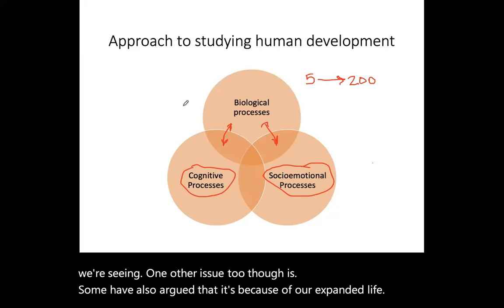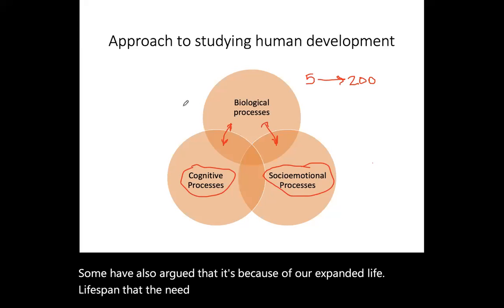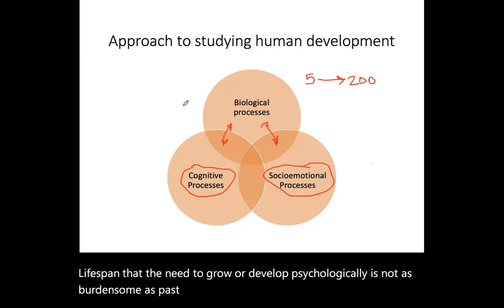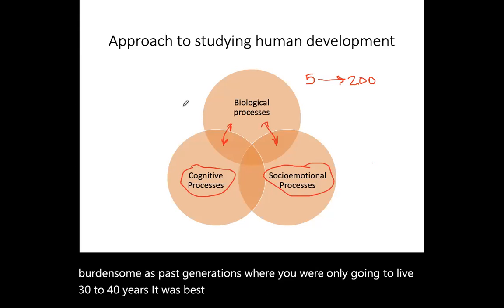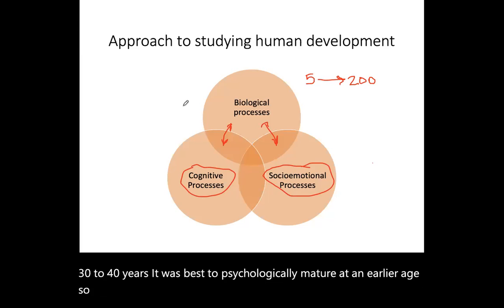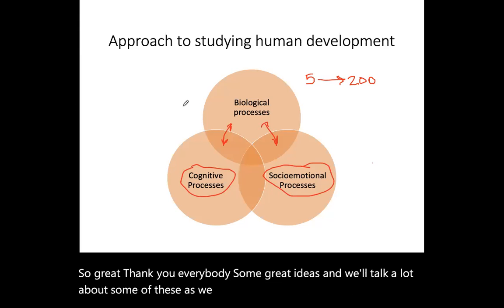That the need to develop psychologically is not as burdensome as for past generations, where you were only going to live 30 to 40 years. It was best to psychologically mature at an earlier age. So great. Thank you, everybody. Some great ideas, and we'll talk a lot about some of these as we move along through development and also in other sections in the course.